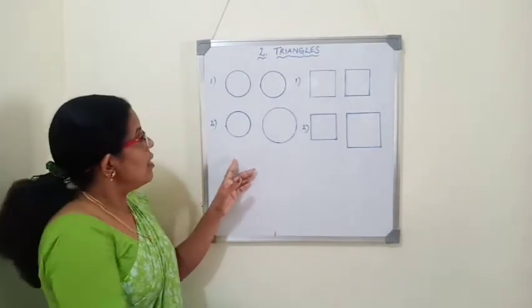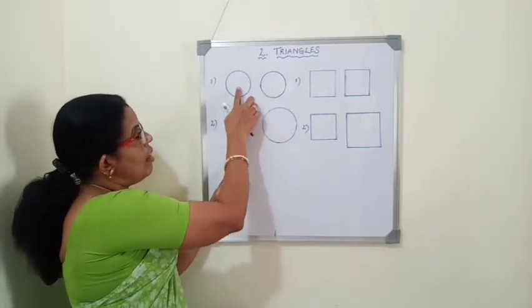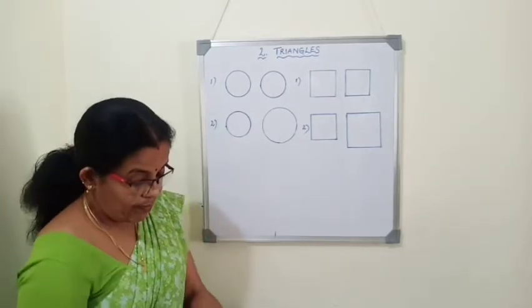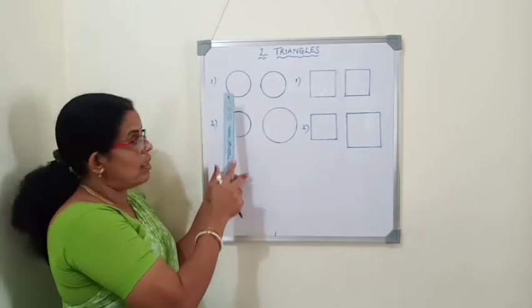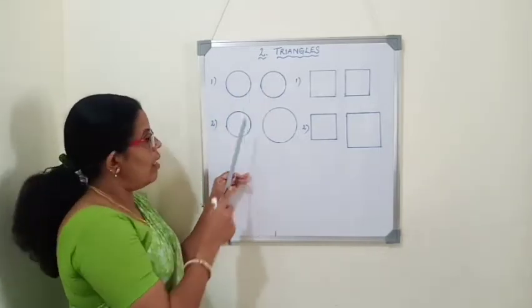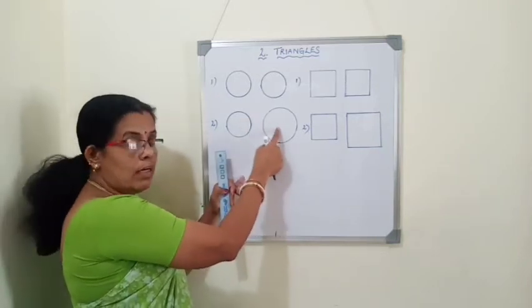Now can you see here, there are two circles. We can say that these two circles are congruent circles because they have same radii. Congruent circles are circles having same radii. But here you see these two circles, their radii are different.